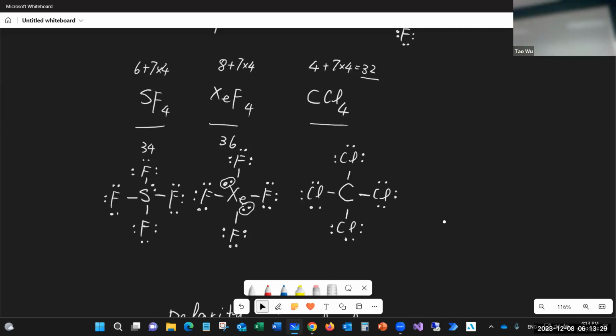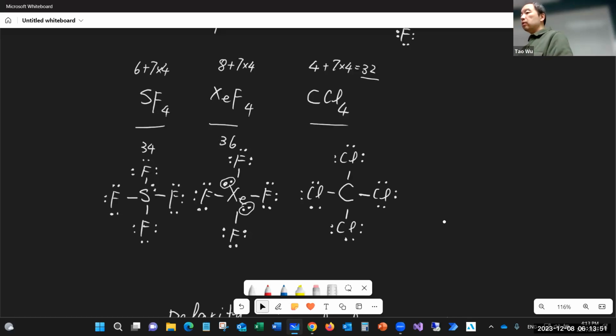The geometry becomes something like that. There are 2 lone pairs, one lone pair here and one lone pair here. That makes this structure square planar instead of like this. So this is 2D and this is 3D.